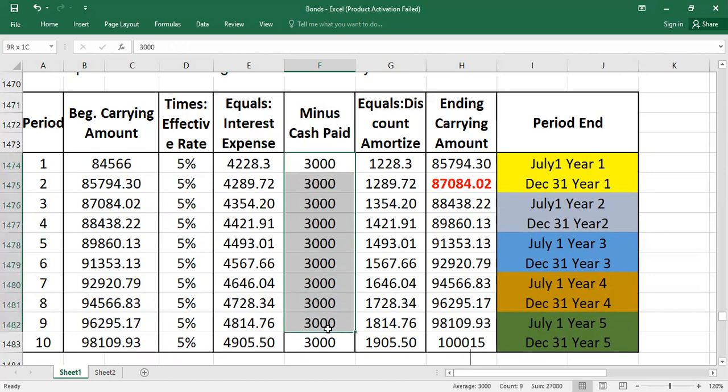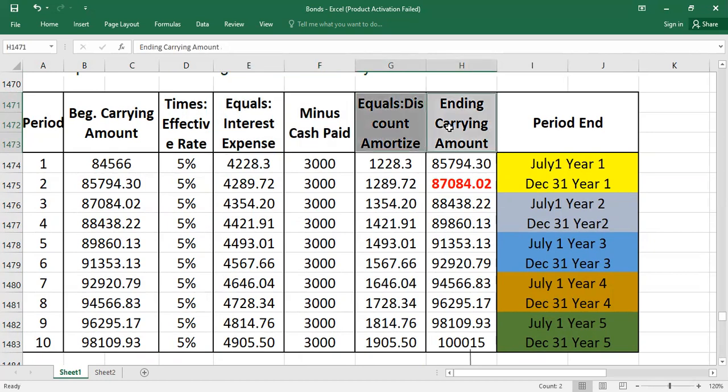I will put all these values here. Then you get the discount amortized. If you take the difference of these two columns, interest expense and cash payments, you get the discount amortized.